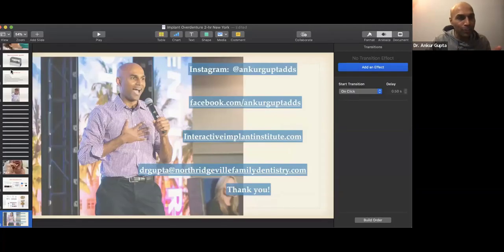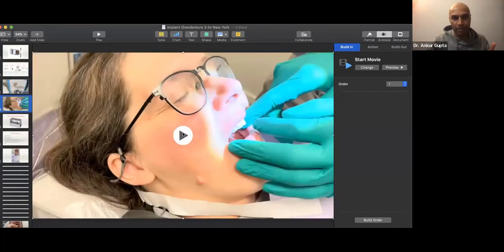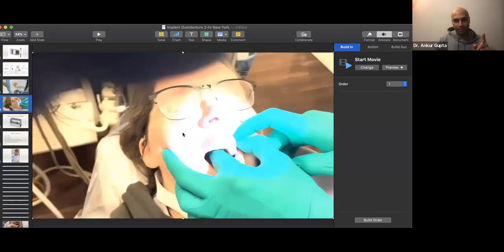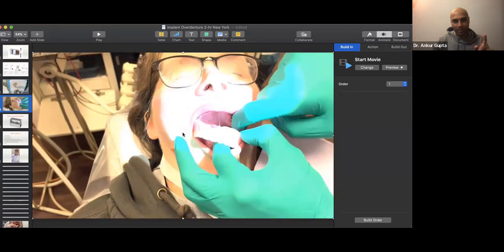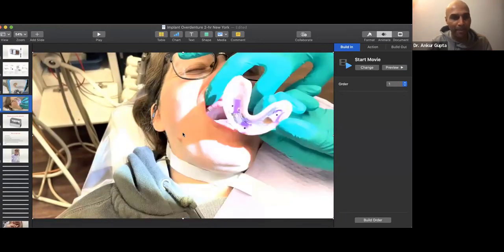Where did my Zoom thing go? Share screen. Okay, Hope, you're talking about, okay, that's a rubber dam square.